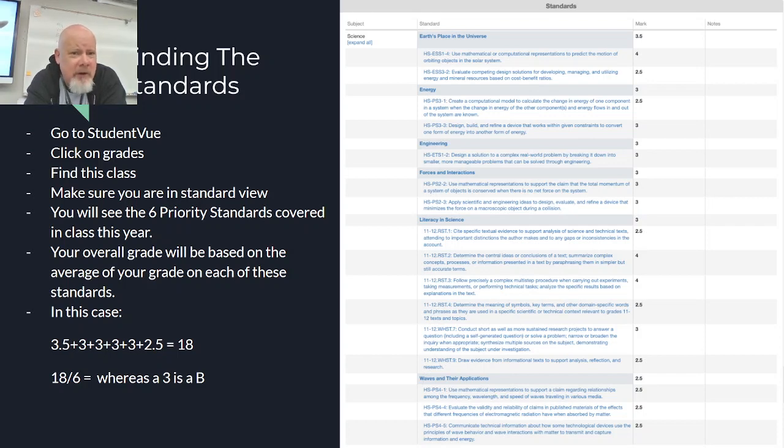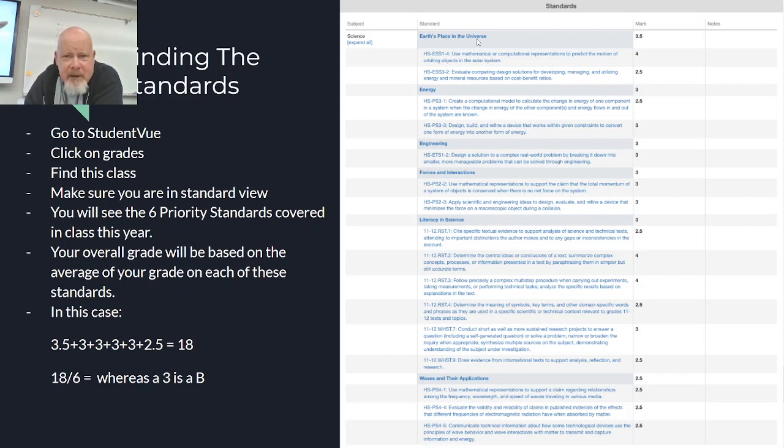What you need to do is go to Student View, and go to where it says grades or grade book. You find this class, which would be Physics in the Universe, and then you'll get something like this. This is a grade report from one of my random students, and I've made sure to hide their name so that I can show you exactly how the grade breakdown goes.